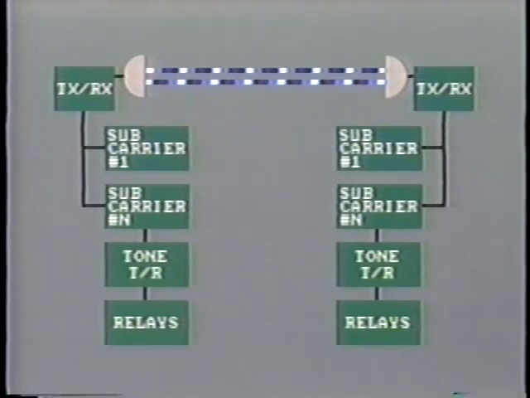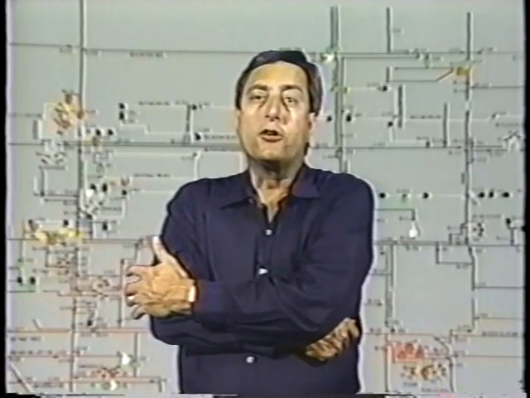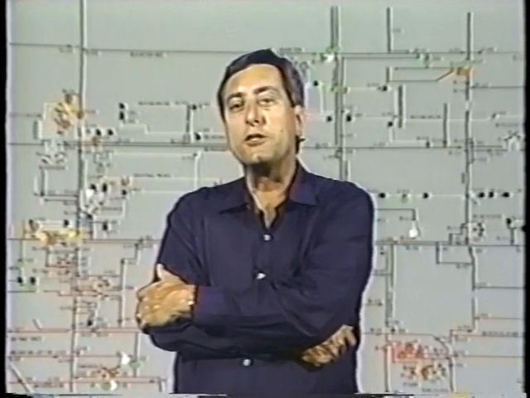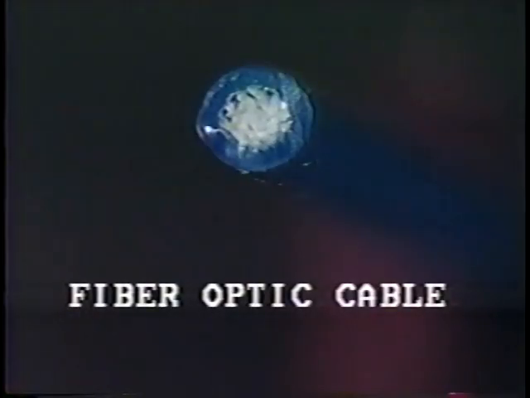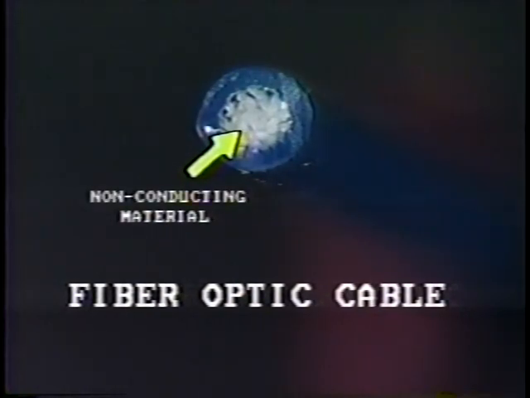Another communication channel which is rapidly being introduced into the power system is that of fiber optics. In this arrangement, the signal is transmitted by light waves traveling through an optical fiber. The fiber is made of non-conducting material, so it cannot provide a path for electrical signals.